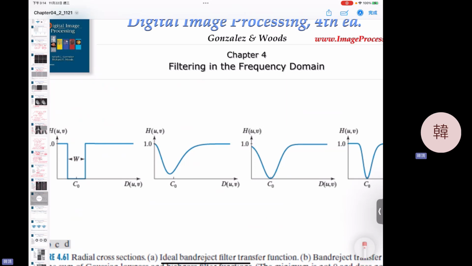So we have two more types of filter: band stop, which is sometimes also called band reject, and band pass. You define which part of the frequency band you are going to remain or remove.